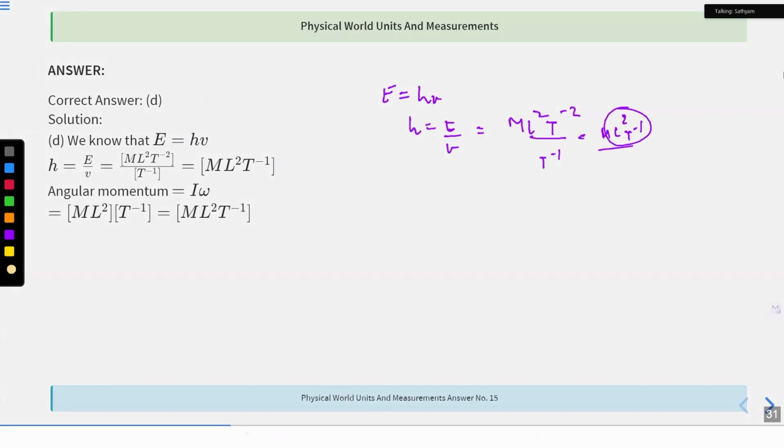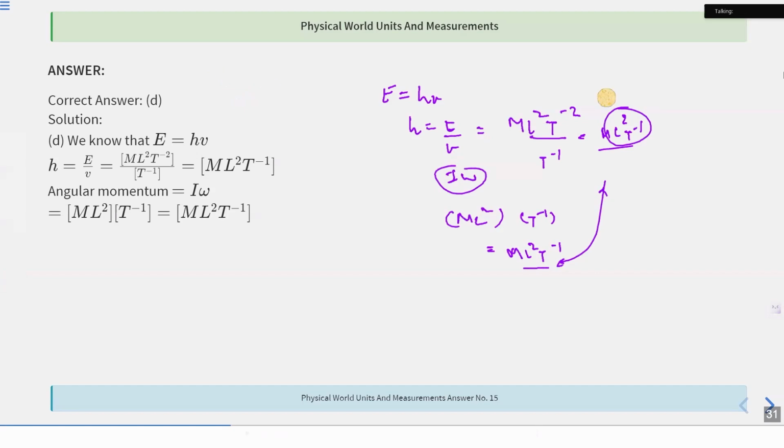And angular momentum is I into omega. Inertia is ML², and your omega is T⁻¹. Omega is measured in frequency, so ML²T⁻¹, both are the same. So the dimensional formula of Planck's constant h and angular momentum is the same. Angular momentum is represented by capital L, sorry. Okay, fine.